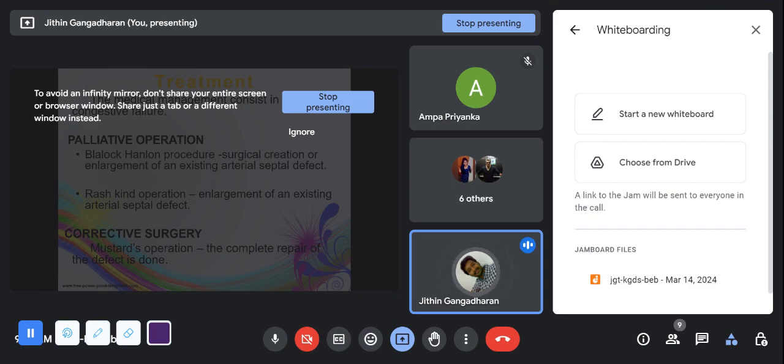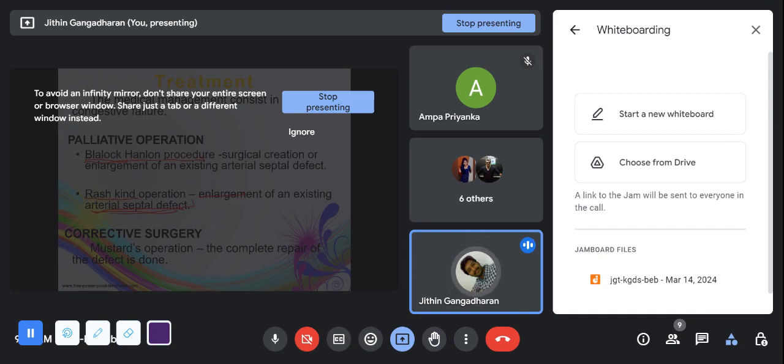These are the main surgeries for transposition: the Blalock procedure and the Rashkind procedure, the Blalock-Hanlon procedure and the Rashkind procedure. What is the Rashkind procedure?